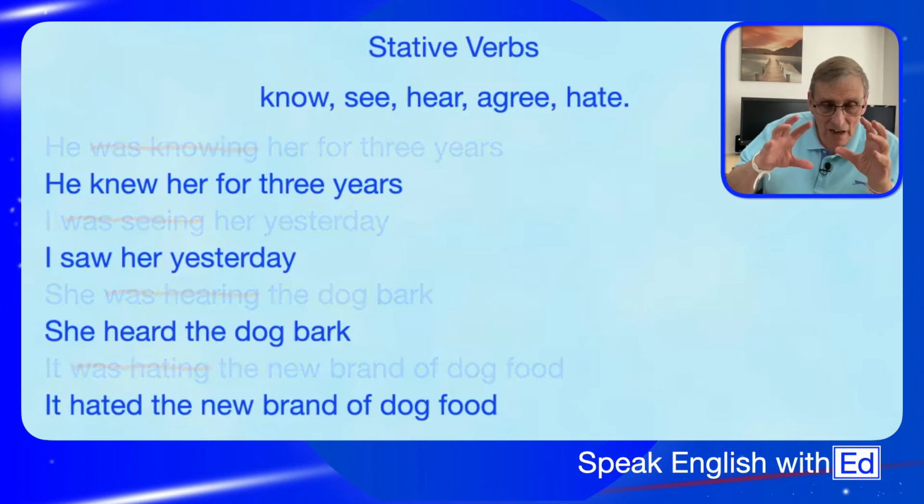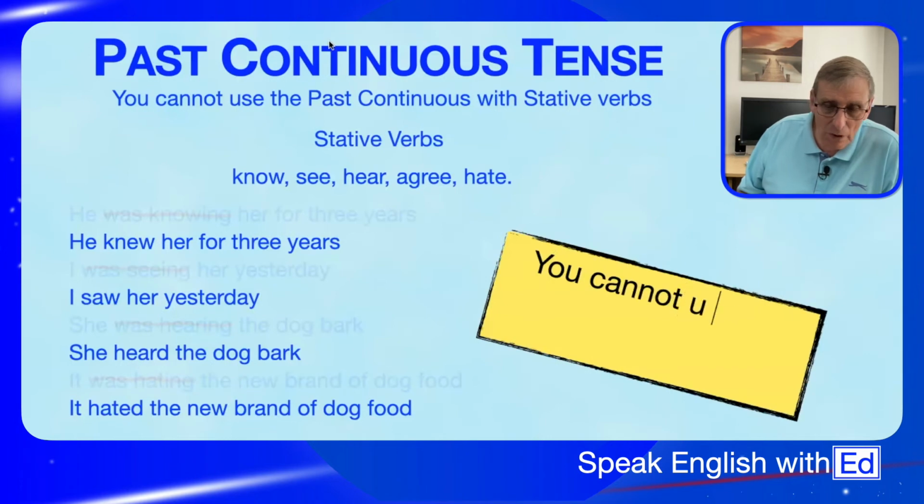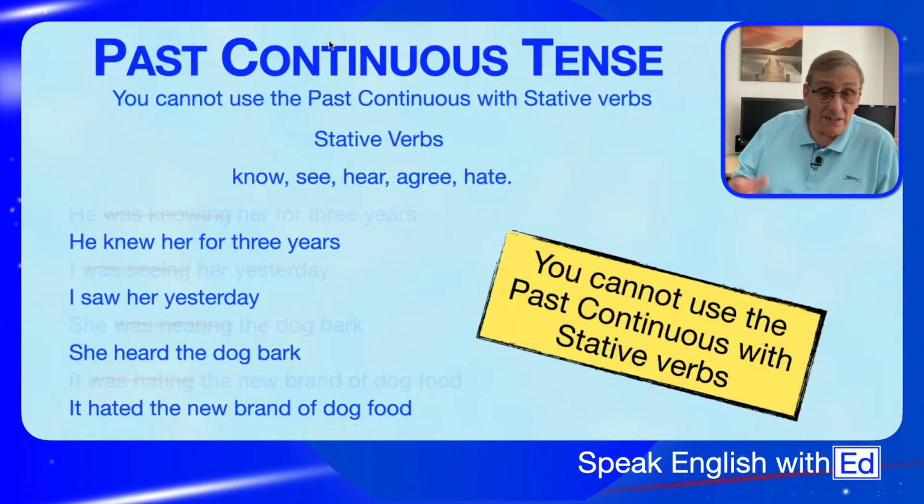All these must be used in a past simple way. Stative verbs must be used in past simple, and you cannot, to reiterate this, use the past continuous tense with stative verbs. Okay, with stative verbs, just use the normal past simple.